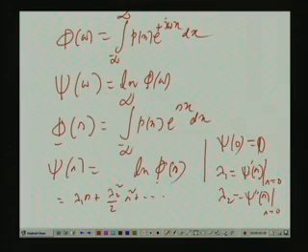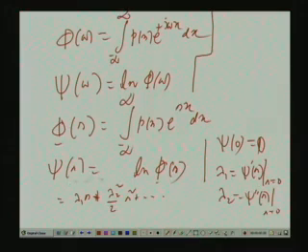What is psi prime s? We have done this earlier, but still it is worth doing again.